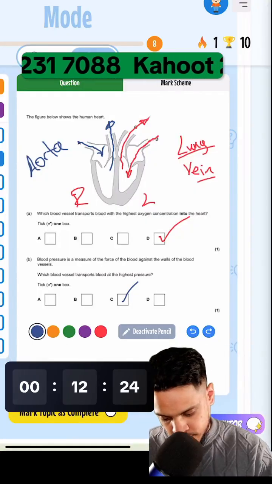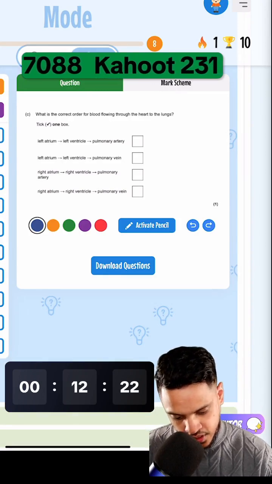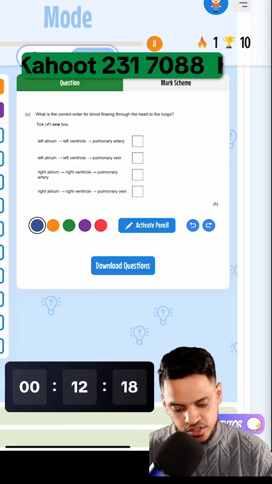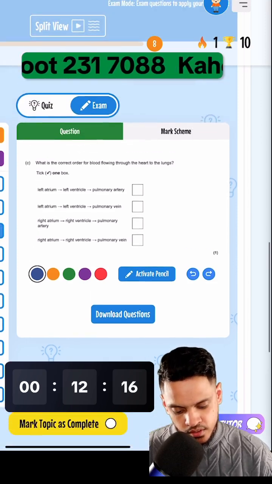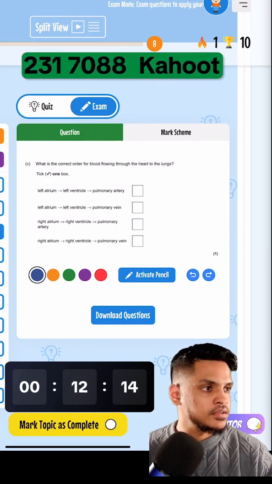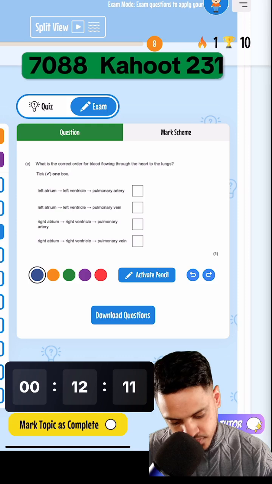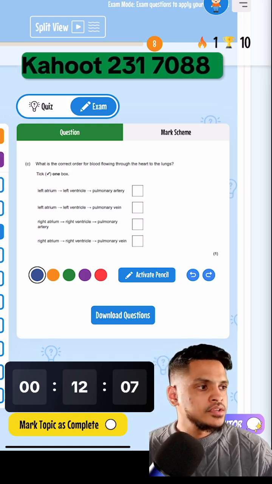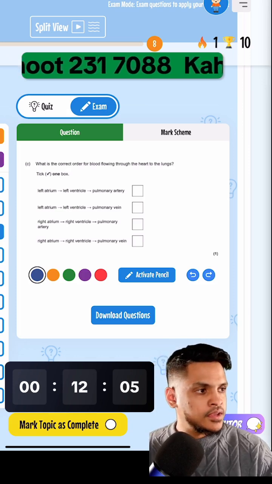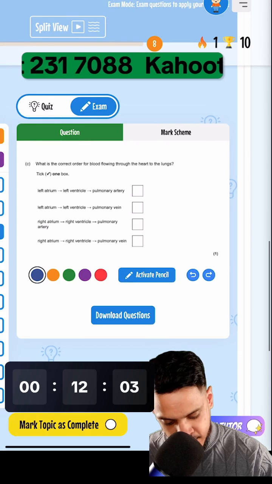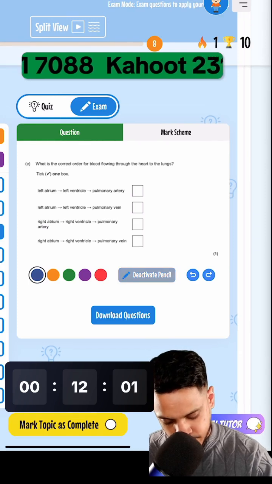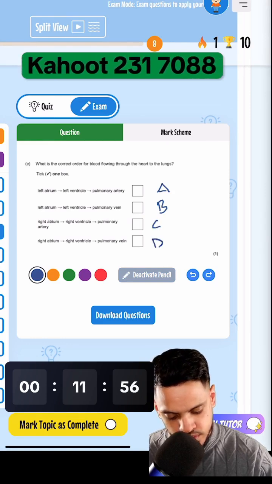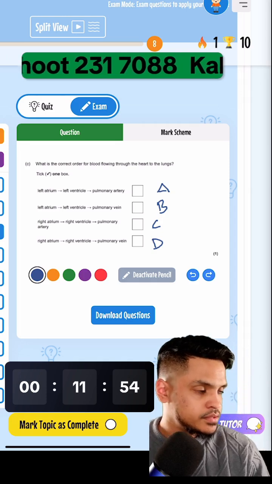Okay, let's see what else we've got here. Correct order of blood flowing through the heart to the lungs. Okay, which one of these do you reckon is the correct answer? Left atrium, left ventricle, pulmonary artery. Why don't you guys tell me A, B, C, or D? I'll call this one A. So someone's put the last one.